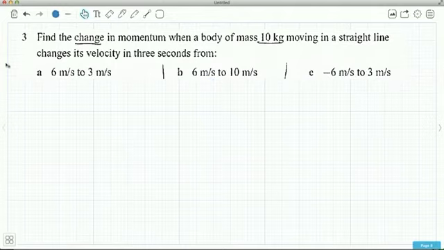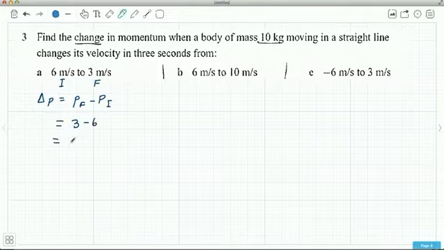If we look at the first one, this is our initial, this is our final. So it would be 3 minus 6, or -3 meters per second. And that makes sense because you started at 6 meters a second and then it became 3 meters a second.